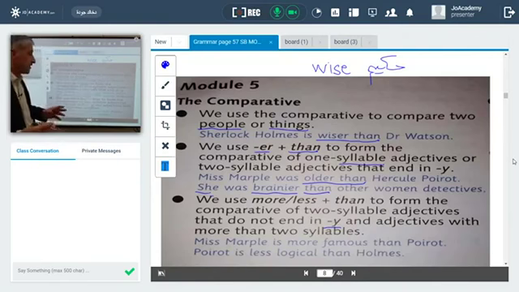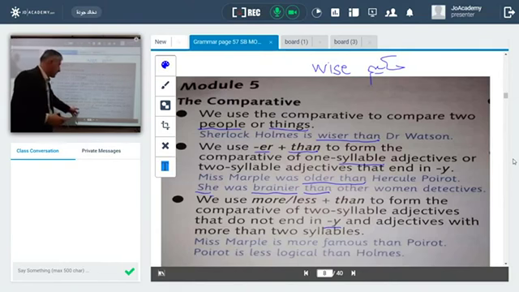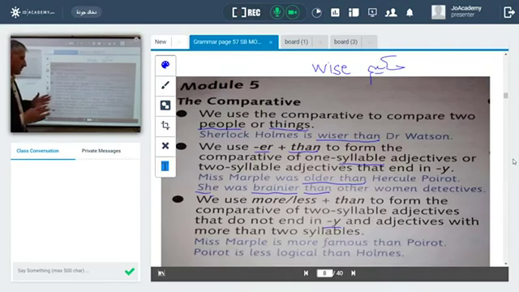But if it is two syllable adjectives, then we have to add before the adjective the word either more or less. And adjectives with more than two syllables, also we add more or less. So two syllables and more, we add more or less before the adjectives.